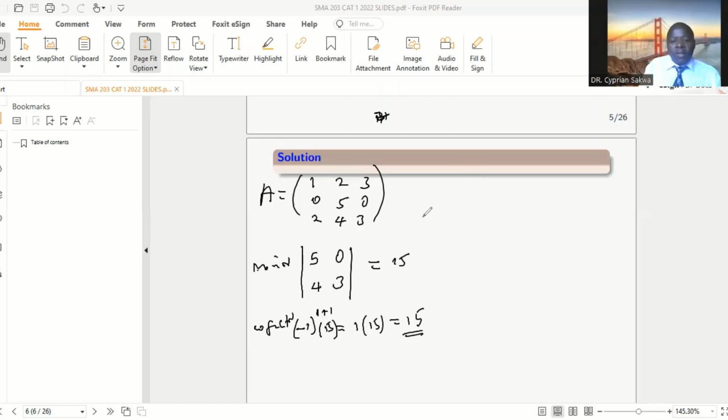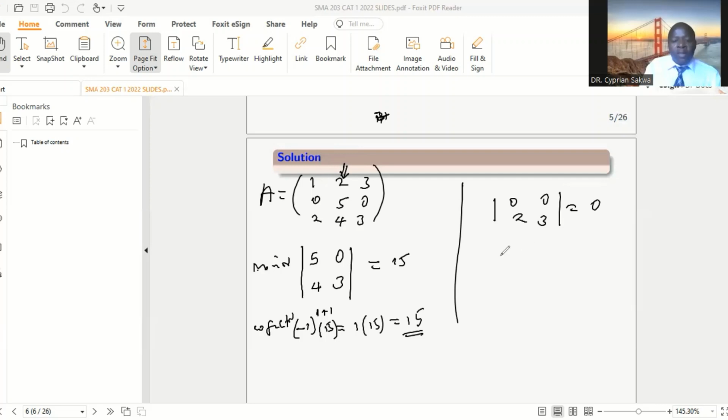What about the minor of 2? I delete its row and its column, and the matrix that is left is 0, 0, and 2, 3. So the minor, therefore, is 0 minus 0, which is 0.